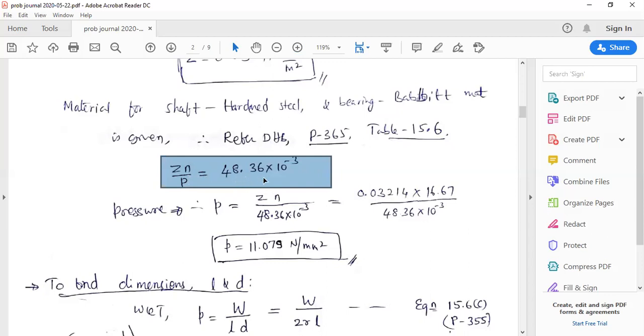So Zn by P value is 48.36 into 10 raised to minus 3.